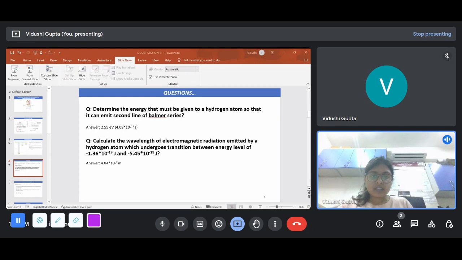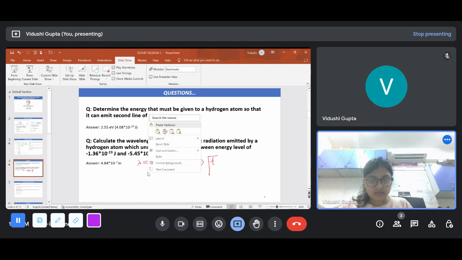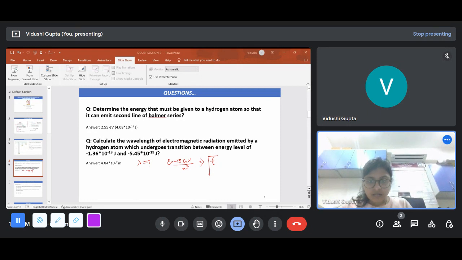So we can calculate the value of n by dividing, just it will be minus 1.36 into 10 minus 19 equals to minus 13.6 electron volt divided by n square.